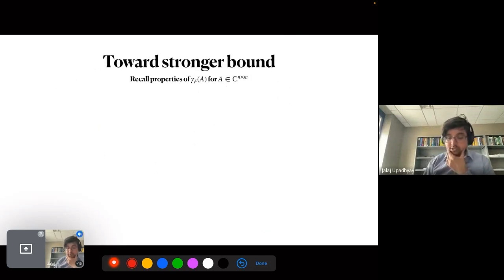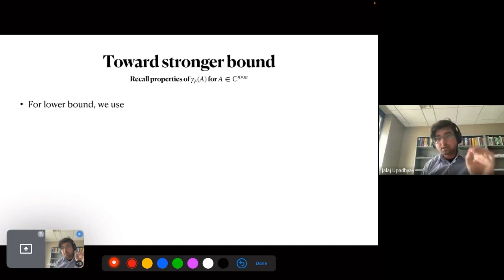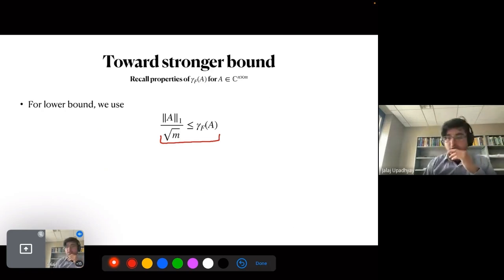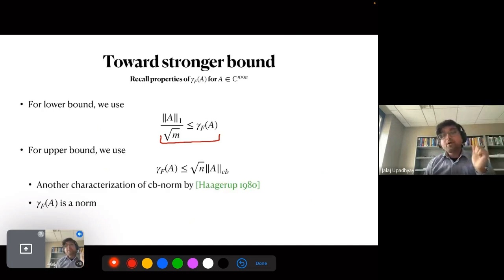So how do I go about it? Well, a stronger bound. Now just take the nice characterization I have in terms of the dual form. I will use from the dual form this inequality, or you can use the result that is known from 2015.